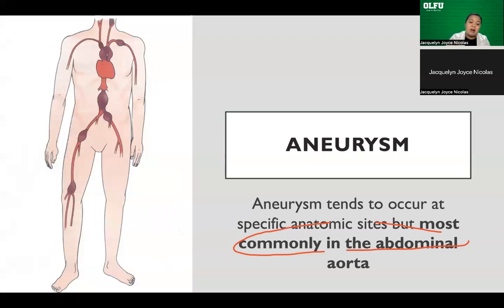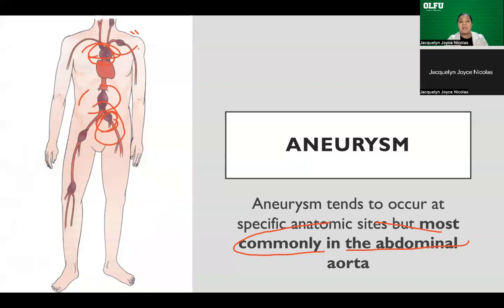It can be on the ascending aorta. It could be on the aortic arch. It could be on your subclavian artery. It could be with the abdominal aorta. Of course, you have the branches, so you have your left and your right iliac artery.